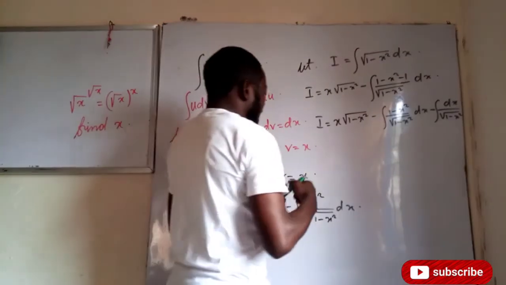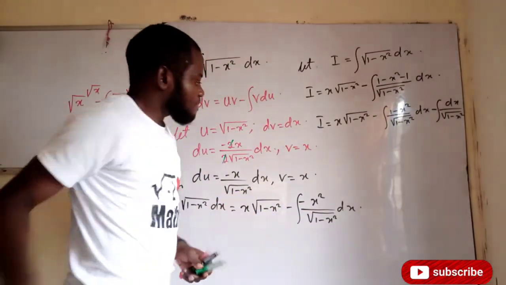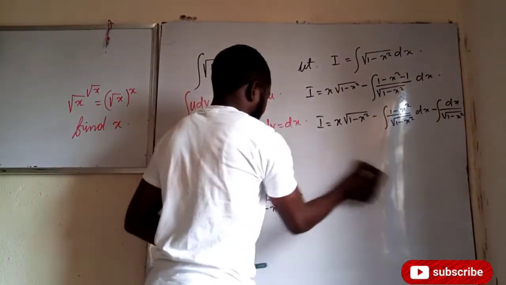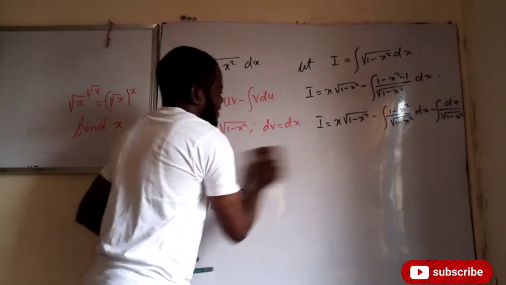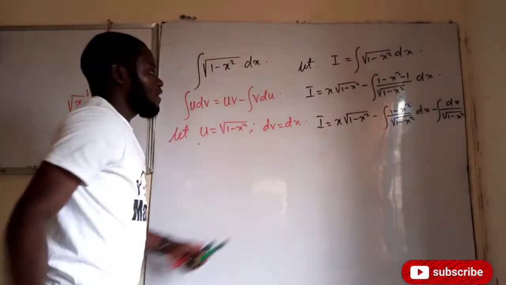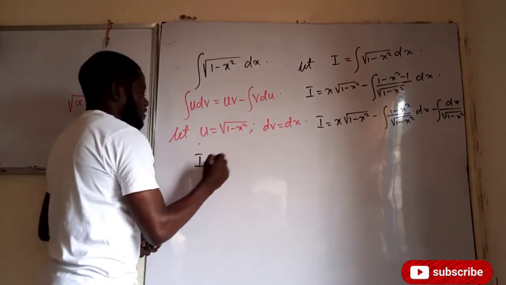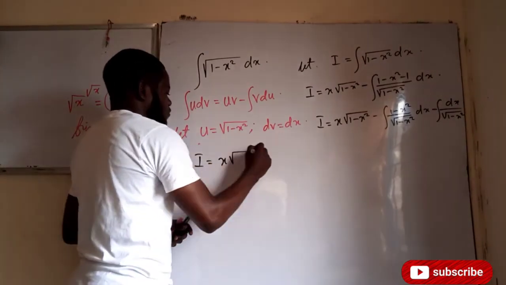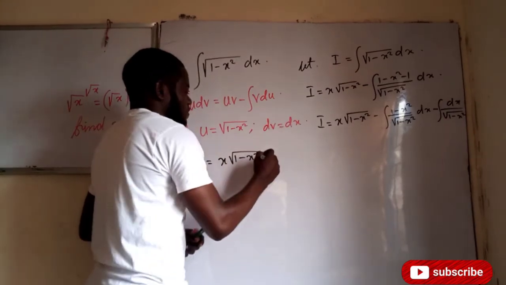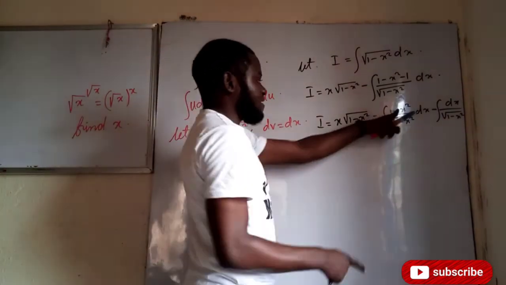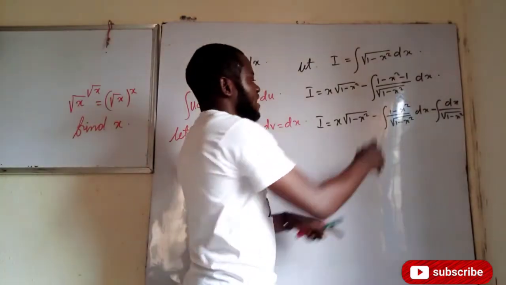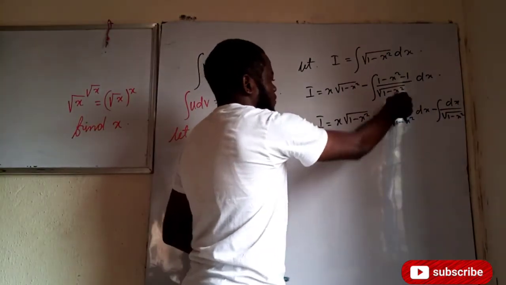Okay, so you will now agree with me that I is equal to x root 1 minus x squared, then minus, this is like what I just explained, that if this is x and this is root x, the result will be root x.